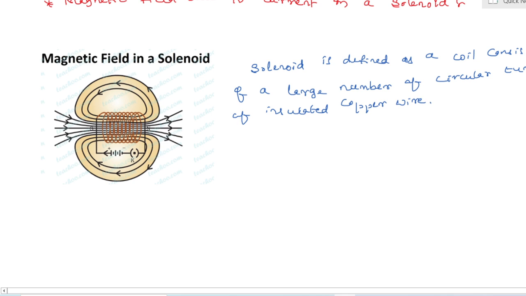These turns are wrapped closely to form a cylinder.